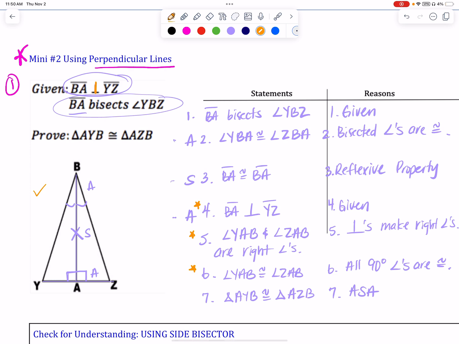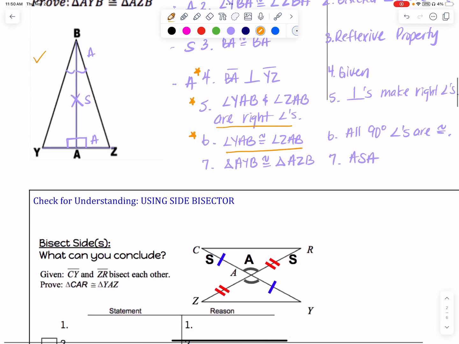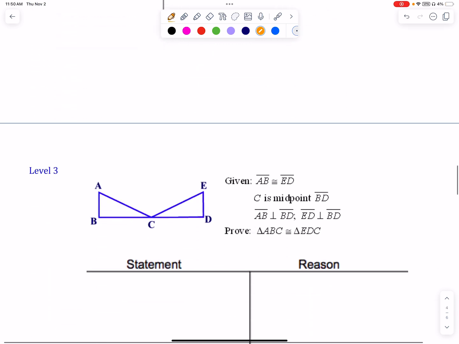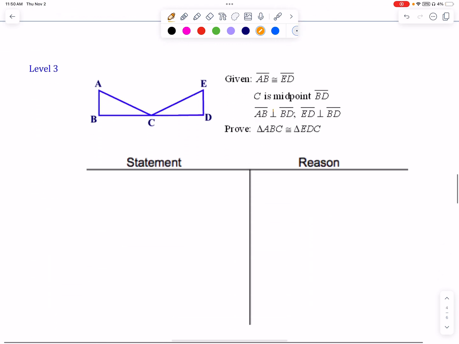If you ever are given perpendiculars on the regions or the summative, first you need to state they're perpendicular, then you have to state that they're both right angles, and then you have to say that they're equal to each other or congruent to each other. So for level 3, since we're mentioning perpendiculars, don't forget to mention those 3 steps.